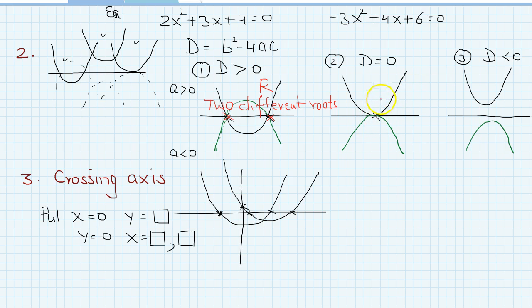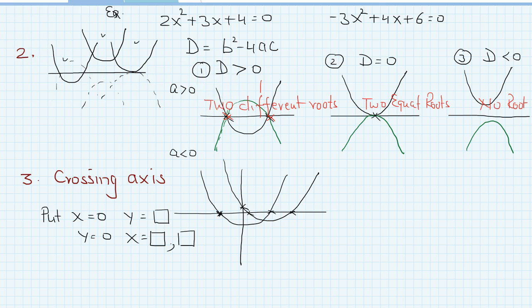If the graph is touching at one place where D is equal to 0, we call it not one, but two equal roots. And here we say, because it's not crossing the x-axis, no roots.